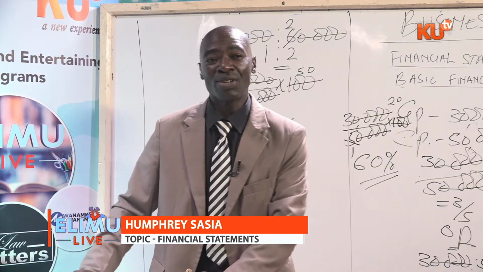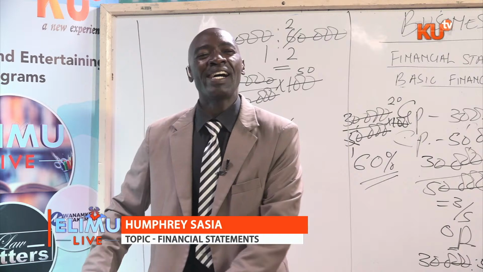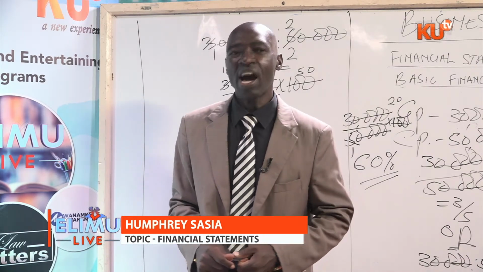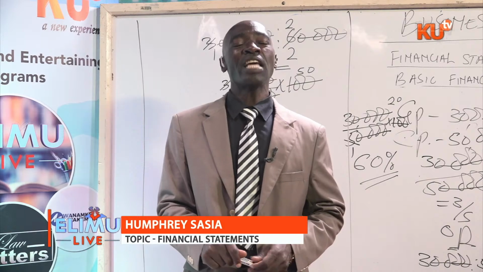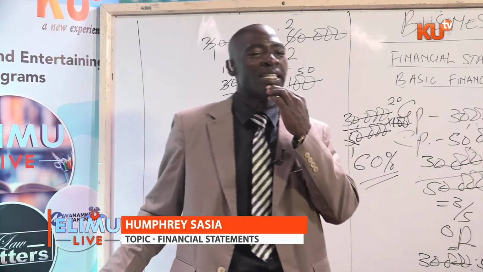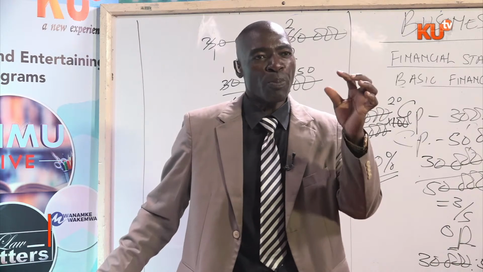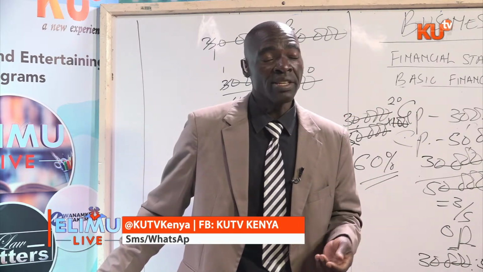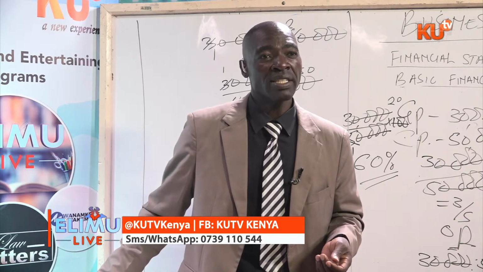So let us look at the workings here. Current assets expressed as a fraction, a ratio, or a percentage of the current liabilities. Now let us name some of the current assets of an organization: those properties that do not last longer, for example less than 1 year. An example is stock.